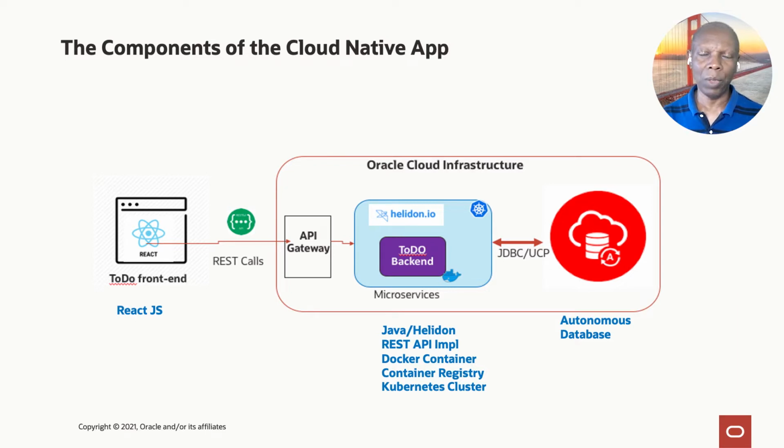In here, we might be using Helidon or other micro frameworks such as Micronaut, Quarkus, Spring Boot, etc. The application has been Dockerized, deployed on some container registry, and then deployed over Docker, multiple pods, etc. And this Java code is accessing a persistent store, and in this example, the Oracle Autonomous Database.